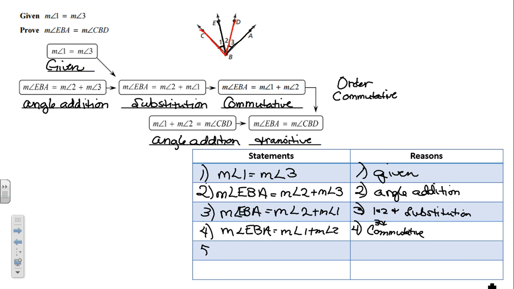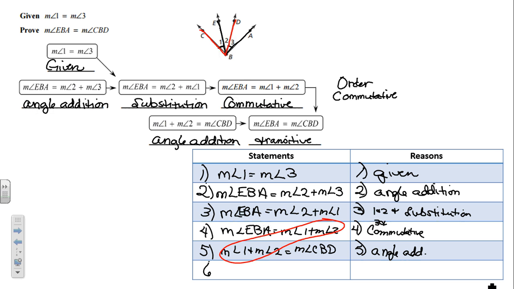And then we had to get a measure of angle 1 and the measure of angle 2 to add up to the measure of angle CBD. Angle addition again. And finally, now that we have them in order, notice that these guys are on this diagonal, so it's easier to see that these two should be equal to each other.